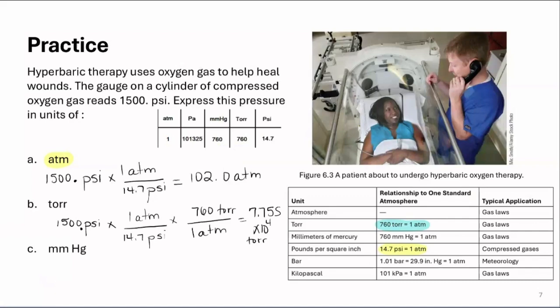That means for letter C, since we already found in example B the measurement in torr, that is also going to be equivalent to millimeters of mercury. So the answer for letter C is also 7.755 times 10 to the 4, but now the units are millimeters of mercury.